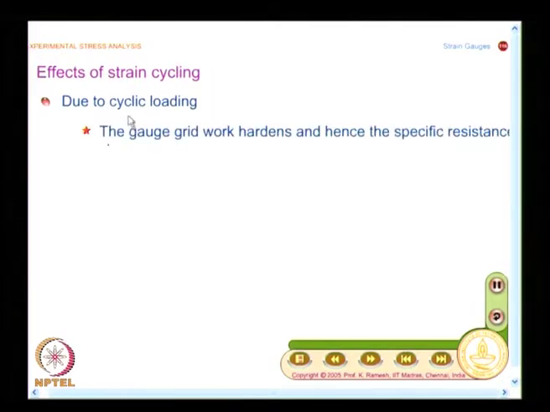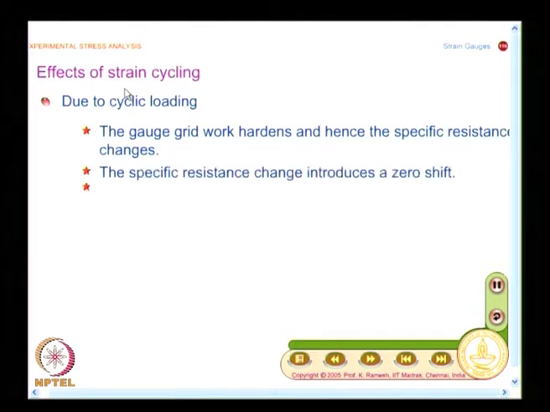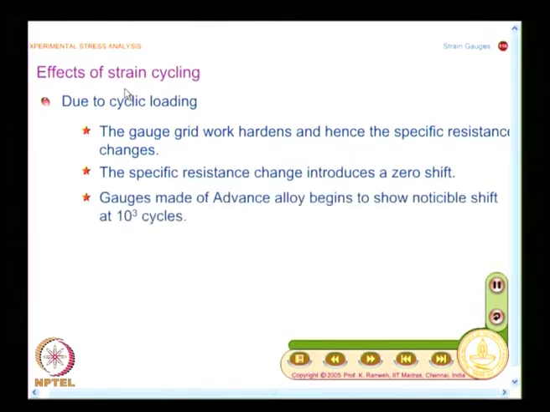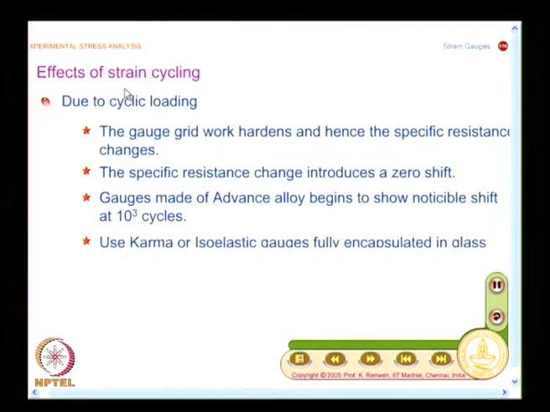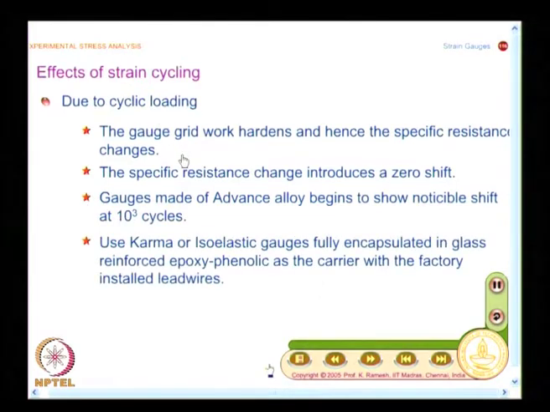And now we look at what are the effects of strain cycling. So, it is very interesting to see, unless you look at each aspect closely, you will not even notice that such variations can happen. Because of cyclic loading, the gauge grid work hardens. How interesting it is, and what happens because of that? The specific resistance changes.